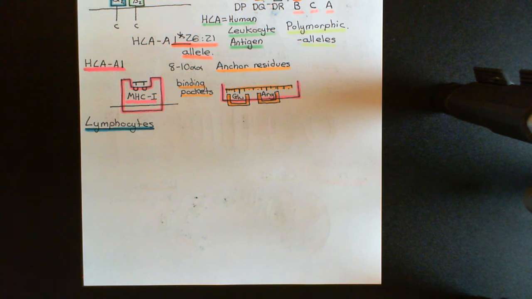And remember, we're now going to use these antigen fragments on MHC class 1 complexes to activate the cell-mediated adaptive immune response, and these antigen fragments on MHC class 2 complexes to activate the humoral adaptive immune response. And both of those adaptive immune responses rely on us activating T cells, T lymphocytes, first at least, anyway.